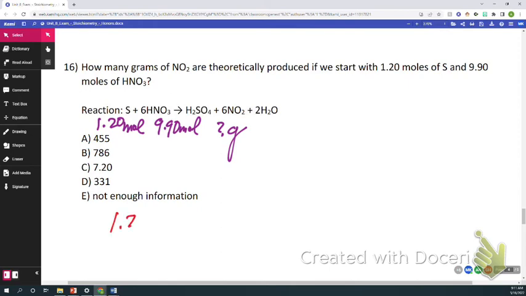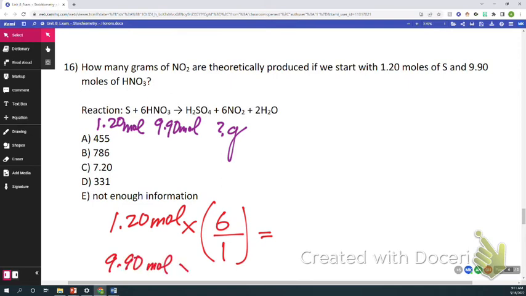Right? So 1.20 moles. To ride the train, it's 6/1 here. The other one, 9.90, to ride that train, it's going to be 6/6. You end up with this. 1.20 times 6 is 7.2.